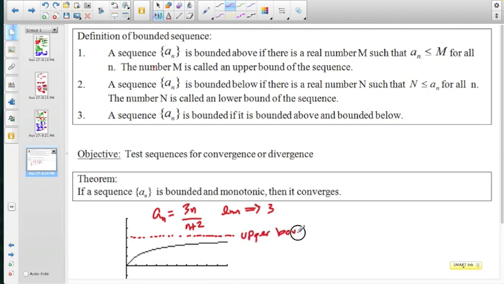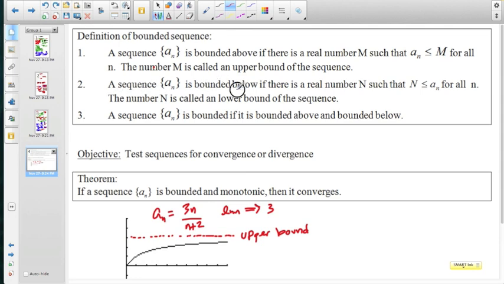That's the maximum value we're going to see in the list of the sequence. So a sequence is bounded above if there's a real number m such that all of the terms are smaller than that value. So for this, all of these terms are smaller than 3. So there's an upper bound here of 3.